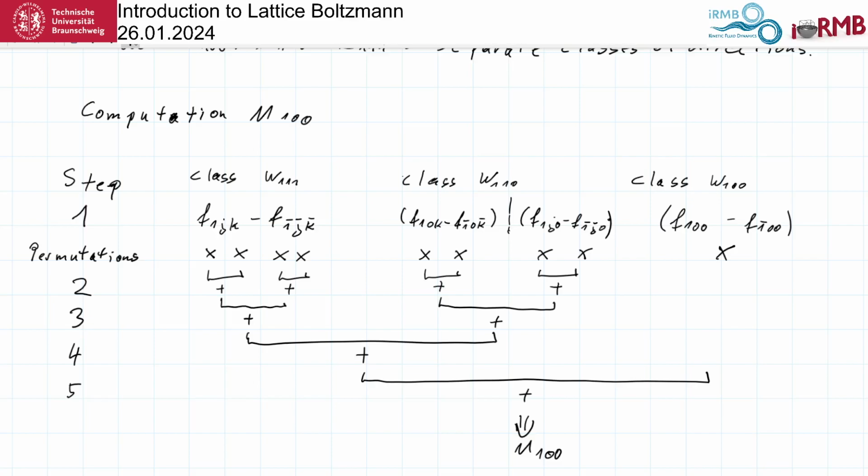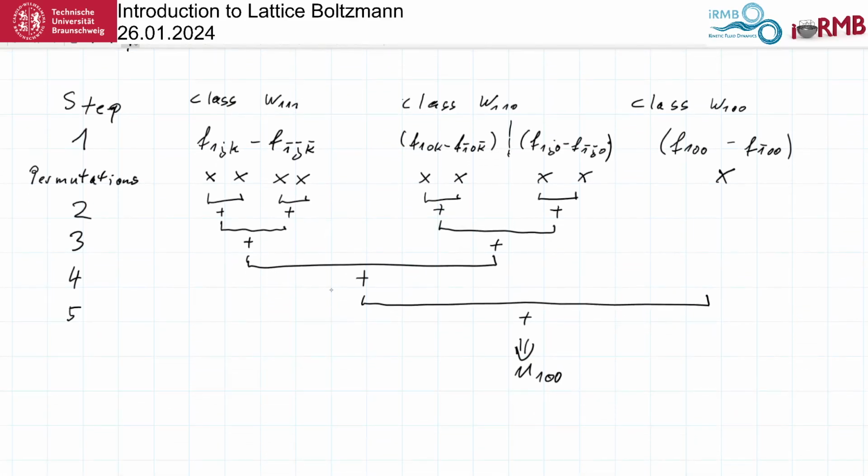Now, in this, everything goes only through 5 summations. So we add up only 5 delta x instead of 18.